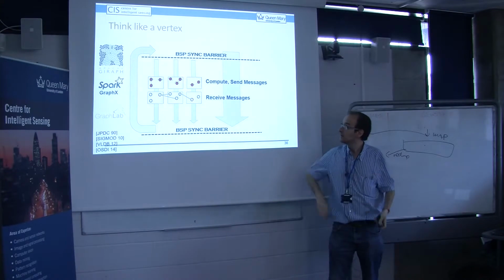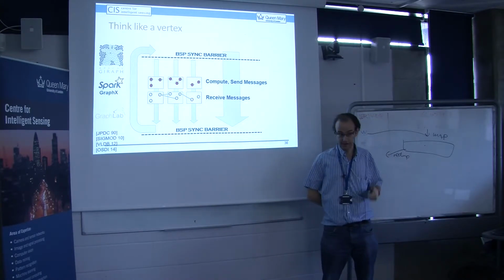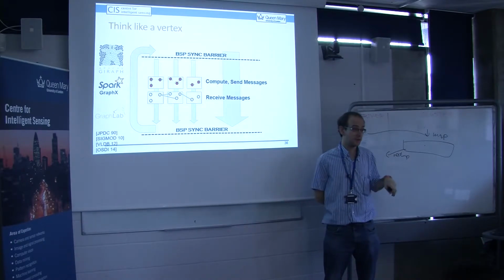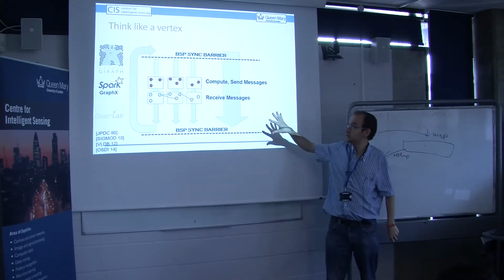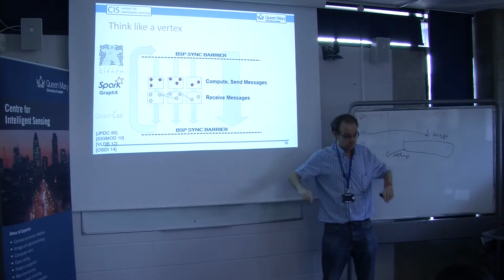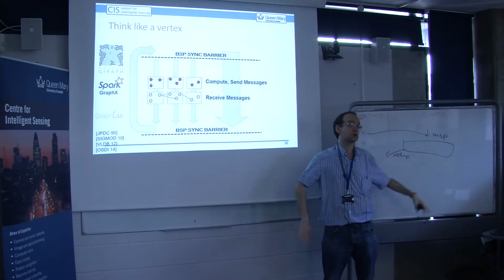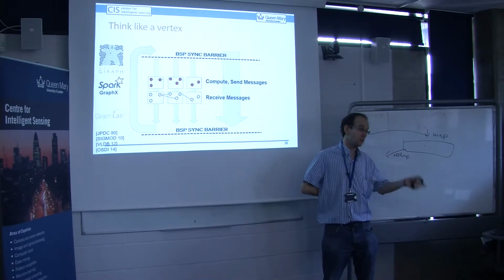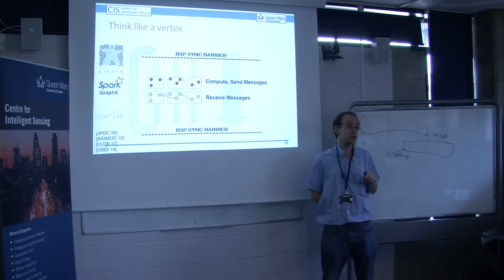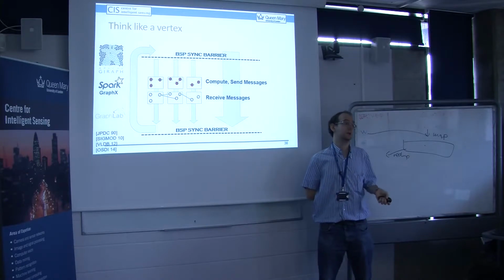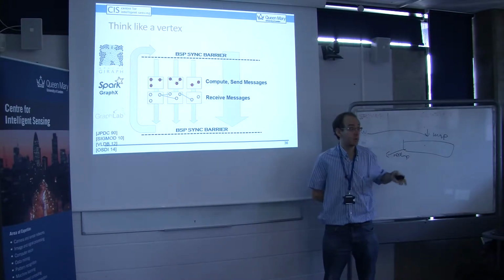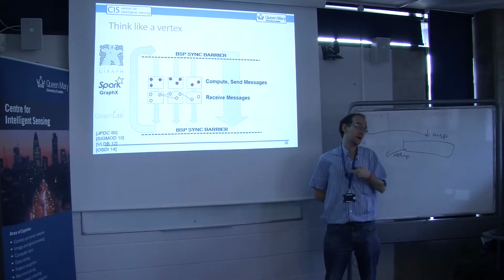Well, those tools will be very useful when A, your graphs are very large, so that you need to distribute them, and B, what you want to do in your graph is basically perform computation across all the vertices. If you are, for instance, running local searches, local queries, just use a graph database. There are lots of systems that will do that in a much more straightforward way than what you can get here with GraphX or one of those platforms.